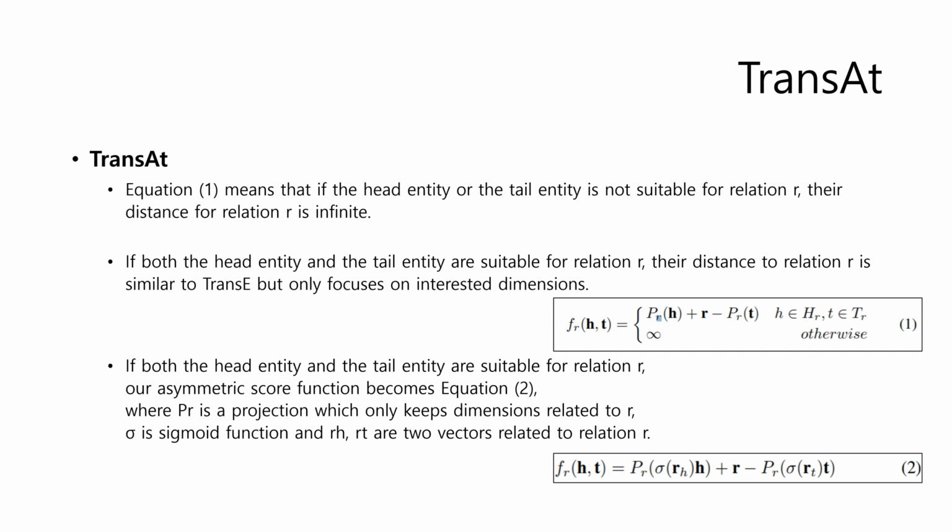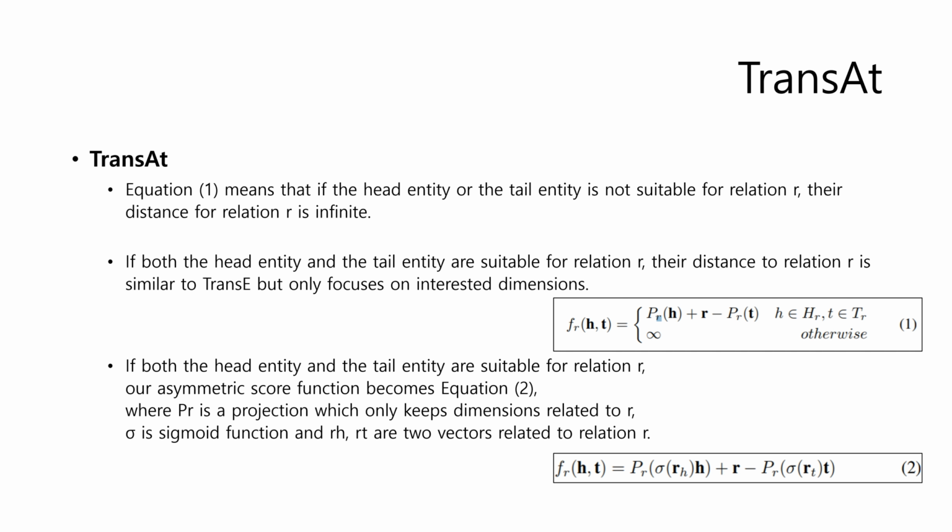They proposed a piecewise evaluation function, where H_r and T_r are the head and tail candidate sets for relation r. P_r is a projection which only keeps dimensions related to r.